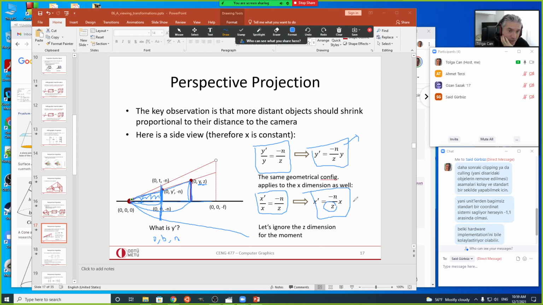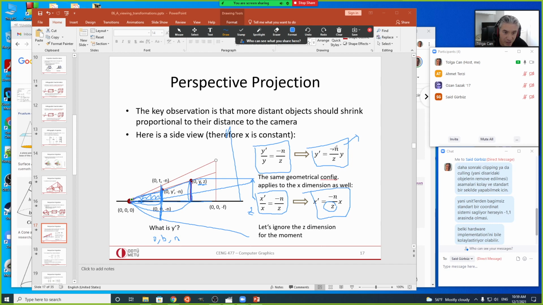And it's intuitive, right? The farther you are, the smaller the projected coordinates are going to be, because you're projected to a smaller place. For example, if this y was your height, and you have a same height tree somewhere here, if you do the same thing, as you can see, the tree is going to appear much smaller, because its z coordinate is much larger than the other one.